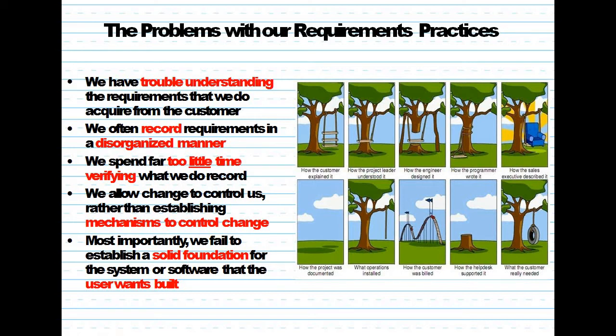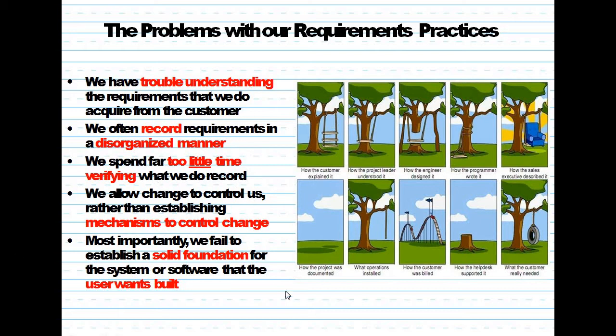Next: what operations installed, how the customer was billed, how the help desk supported it, and what the customer really needed. The example shows the problems with our requirement practices.